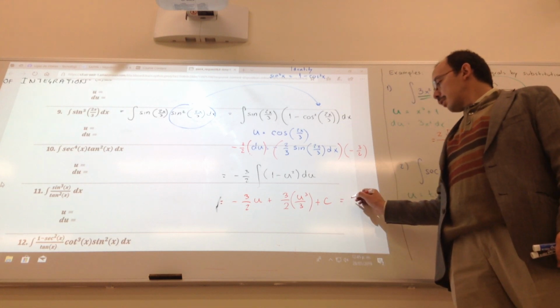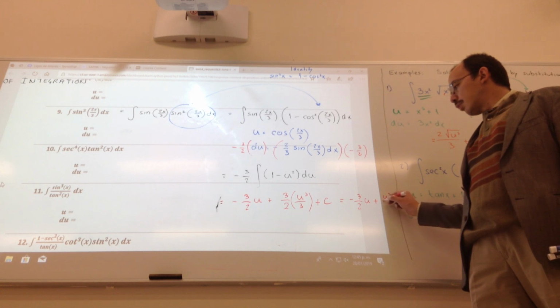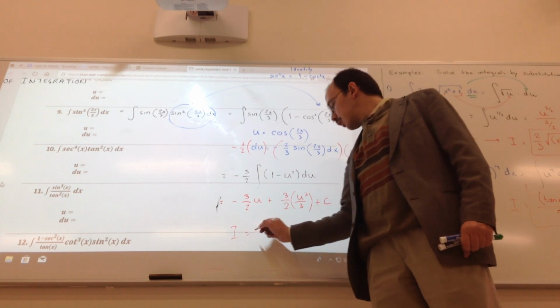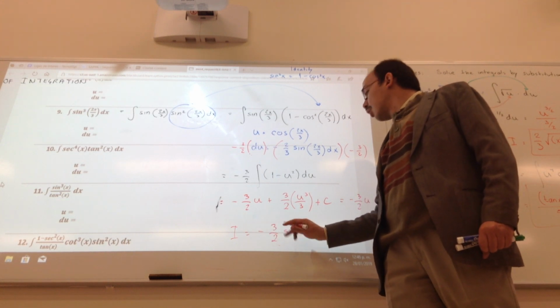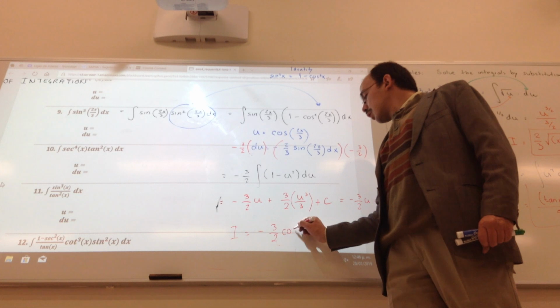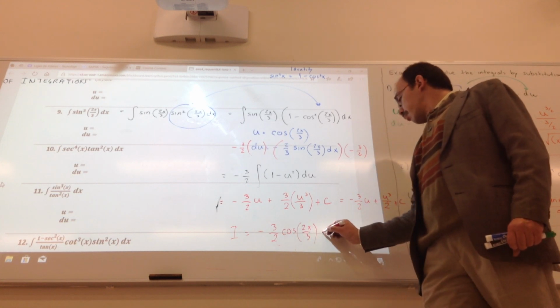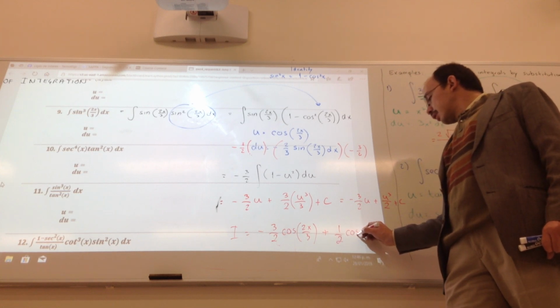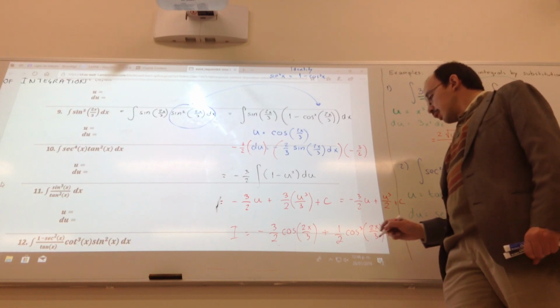I simplify: minus 3/2 of u plus u to the cube over 2 plus c. Final solution: minus 3/2 cosine of 2x over 3 plus 1/2 cosine to the cube of 2x over 3 plus c.